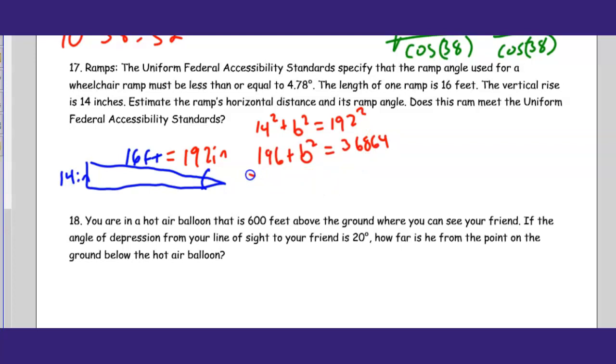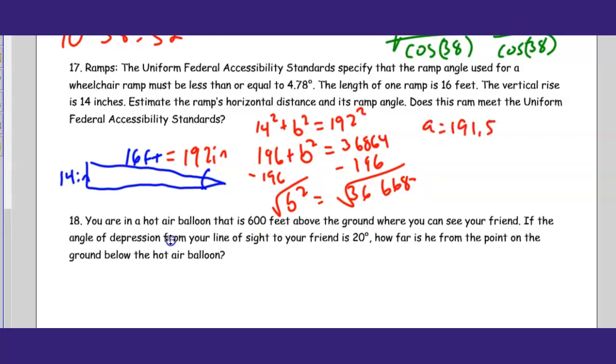When I subtract 196, b squared equals 36,668. Now I square root both sides, and when I do that, I get A equals 191.5. So this is 191.5.